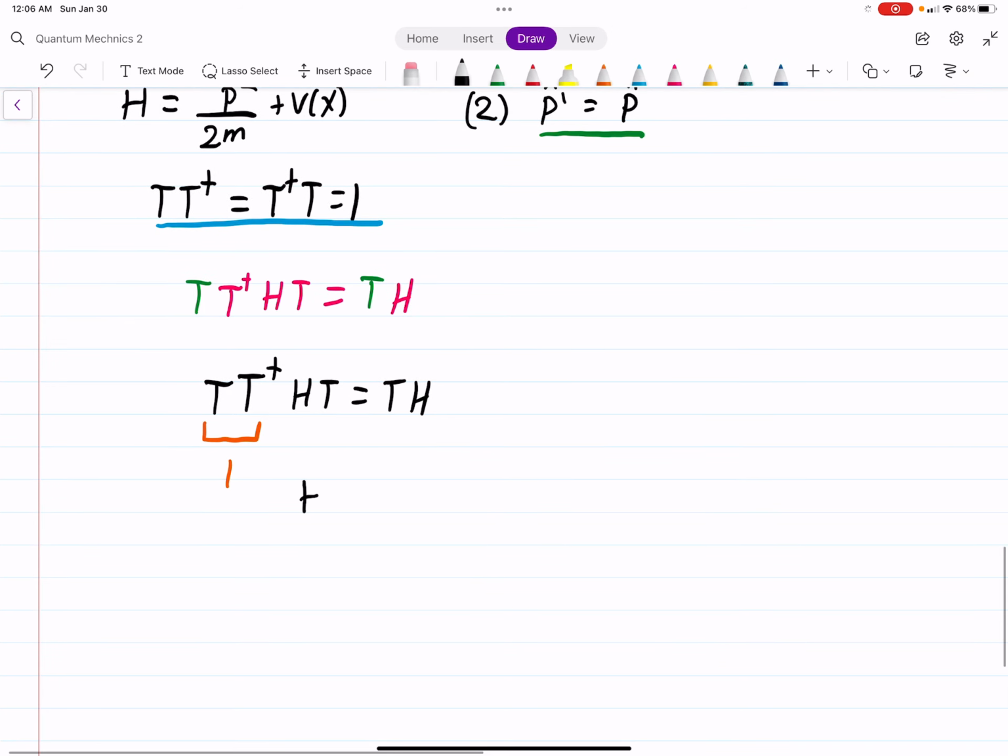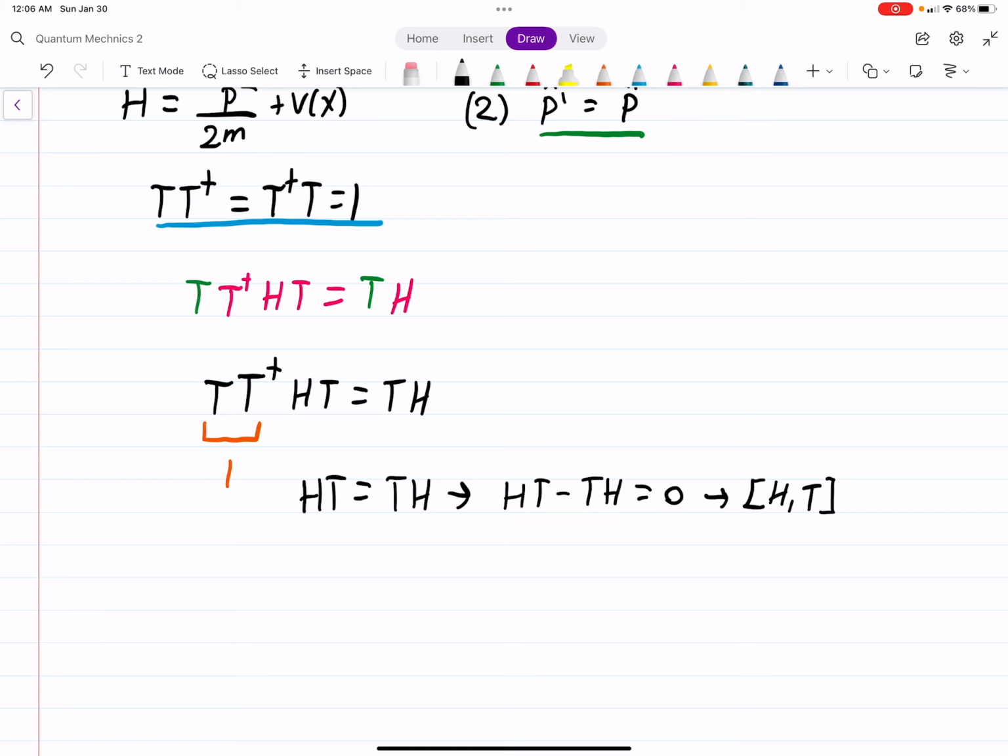So this is simply HT equals TH, or HT minus TH equals 0, or the commutation relation between the Hamiltonian and the translation operator is 0. In other words, the Hamiltonian and our translation operator commute.